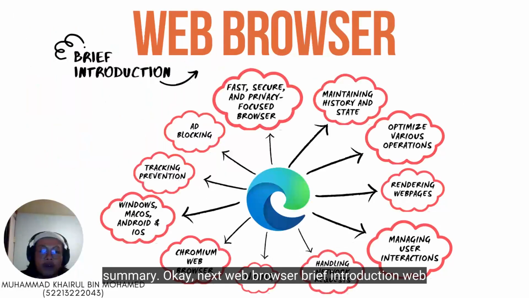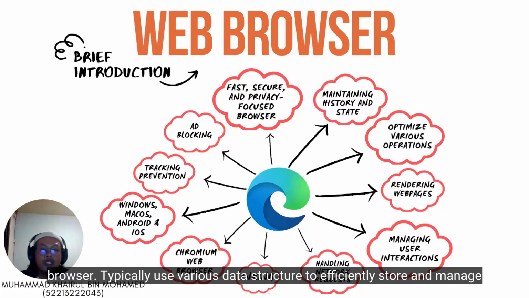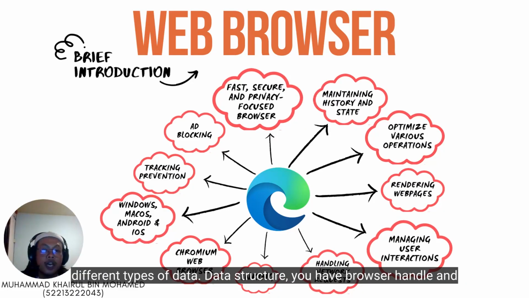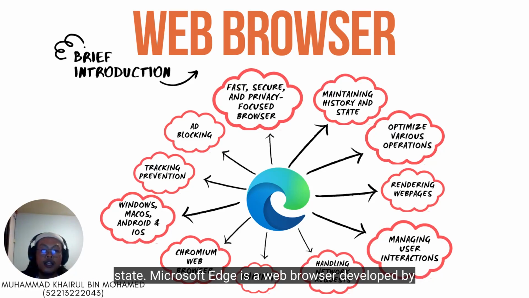Okay, next, web browser, brief introduction. A web browser typically uses various data structures to efficiently store and manage different types of data. Data structures help browsers handle and optimize various operations, including rendering web pages, managing user interactions, handling network requests, and maintaining history and state. Microsoft Edge is a web browser developed by Microsoft.